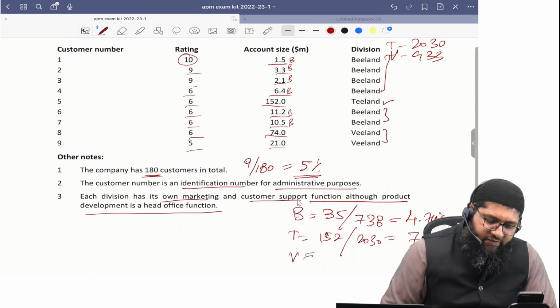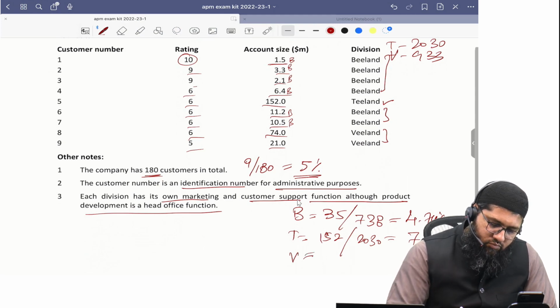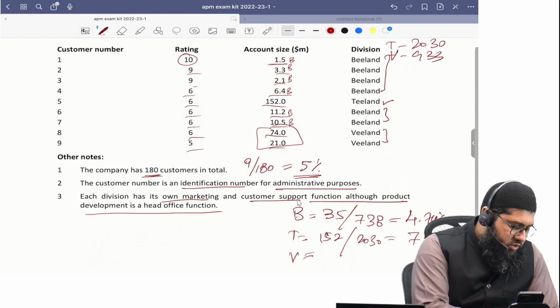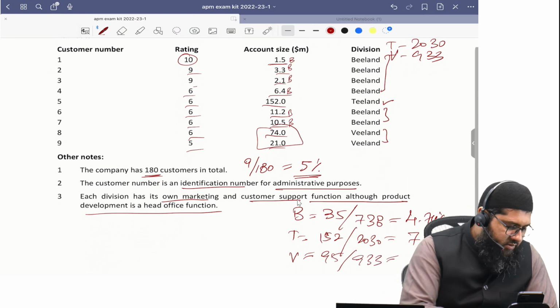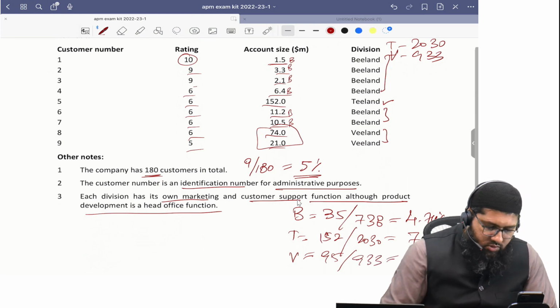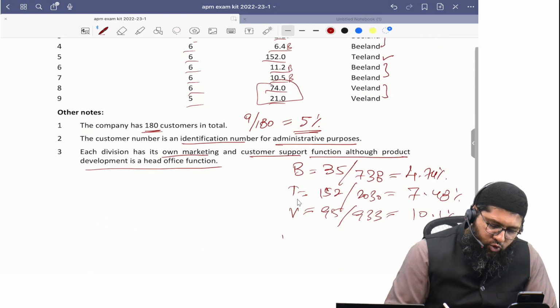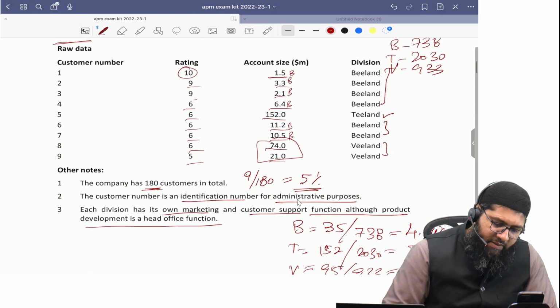For V-land, it's 74 plus 21 is 95 divided by 933, which is 10.1%.